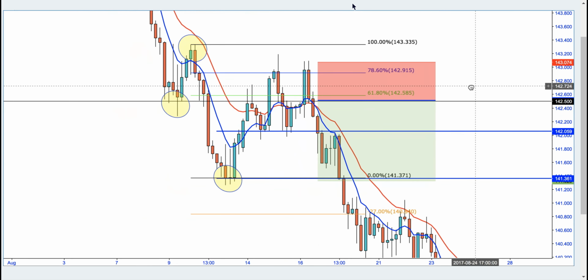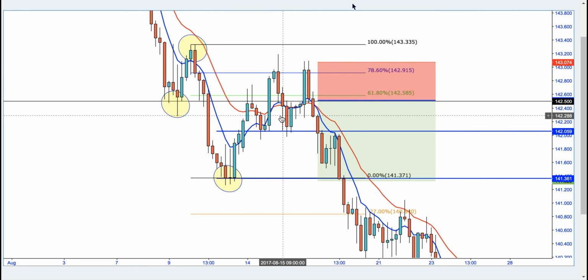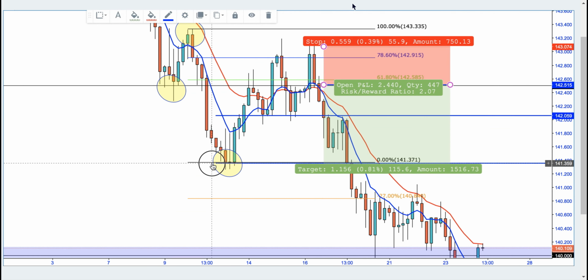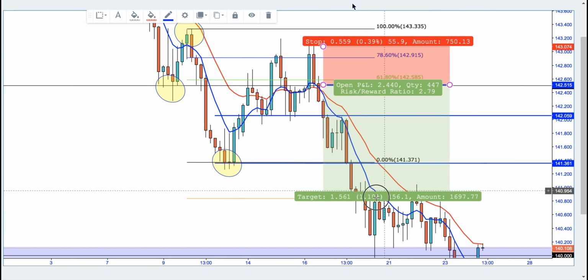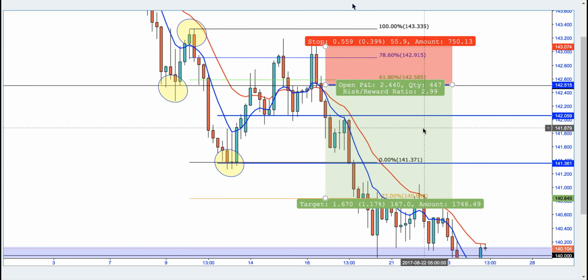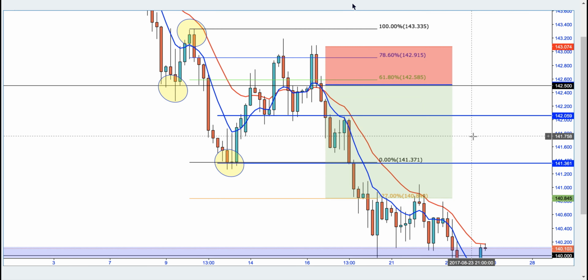So line that up there as well after second entry. So first one failure, second entry. This is quite rare actually, that it will do a double top at that. And then target 1, again, keep in mind what we have at the 0, and target 2 would simply be there. This is a risk reward of 1 to 2.4. Risking 56 pips for 167.